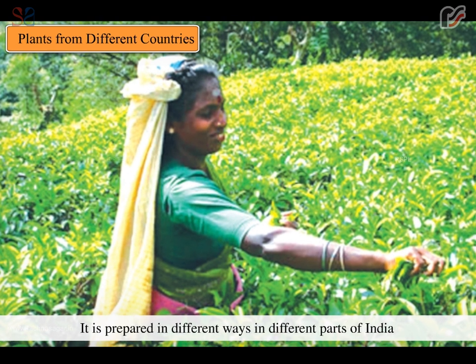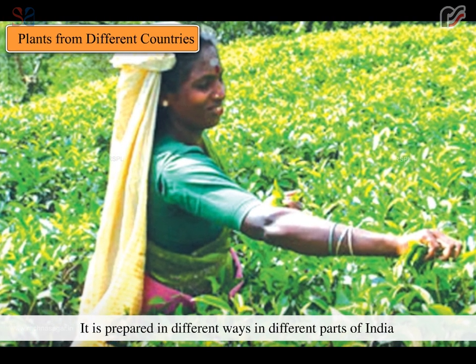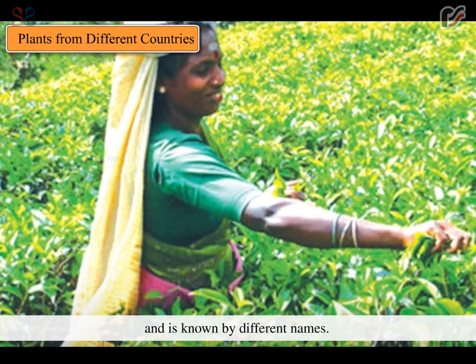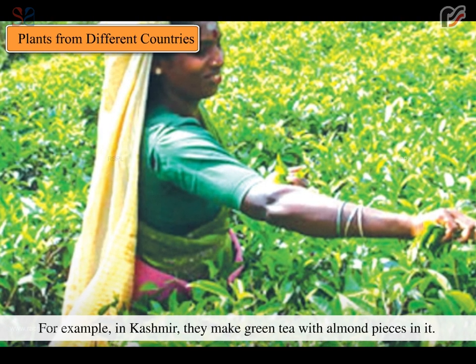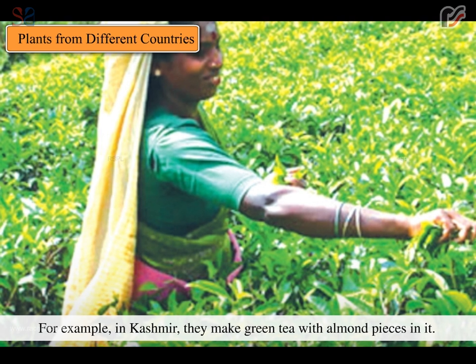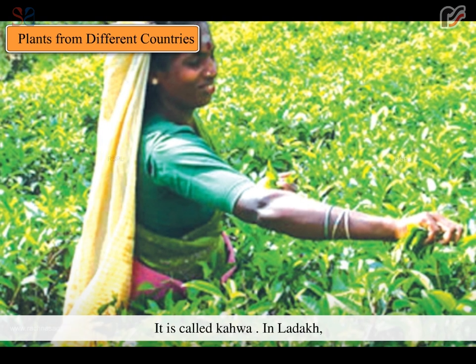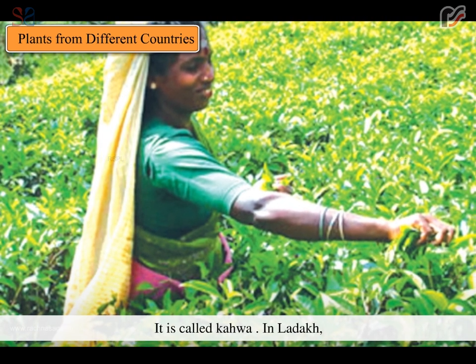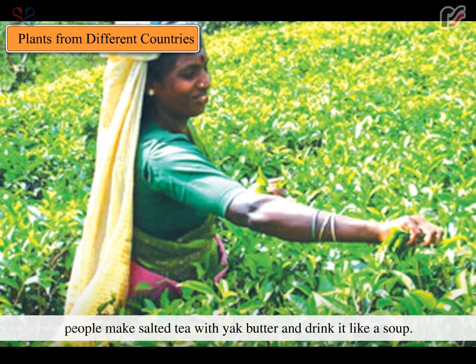It is prepared in different ways in different parts of India and is known by different names. For example, in Kashmir, they make green tea with almond pieces in it. It is called kewa. In Ladakh, people make salted tea with yak butter and drink it like a soup.